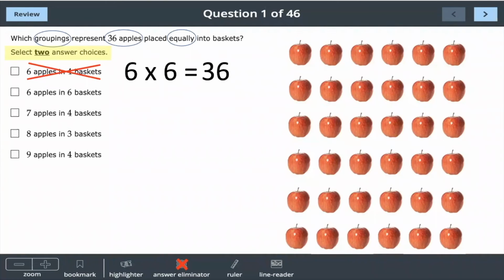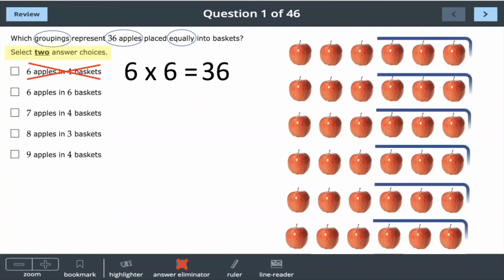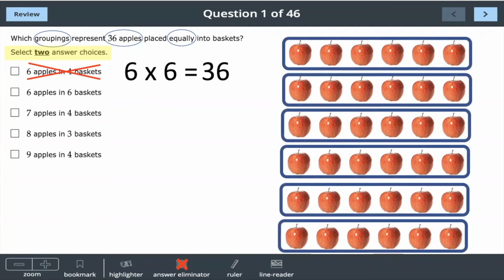I can count them individually, or I can skip count by 6. 6, 12, 18, 24, 30, 36. Since 36 is equal to 36, then 6 apples in 6 baskets is correct.